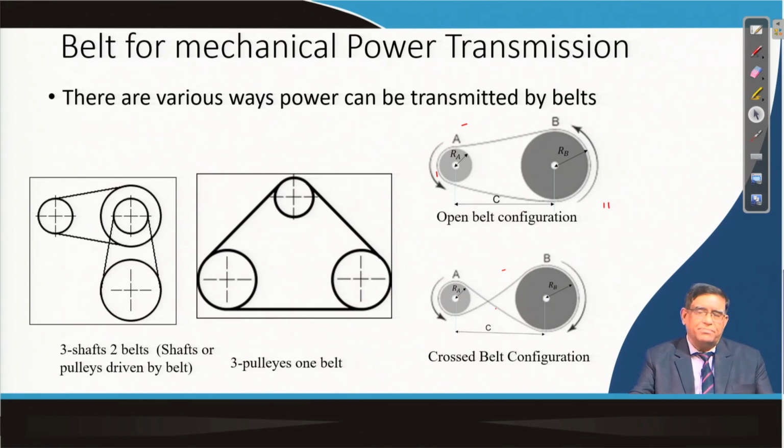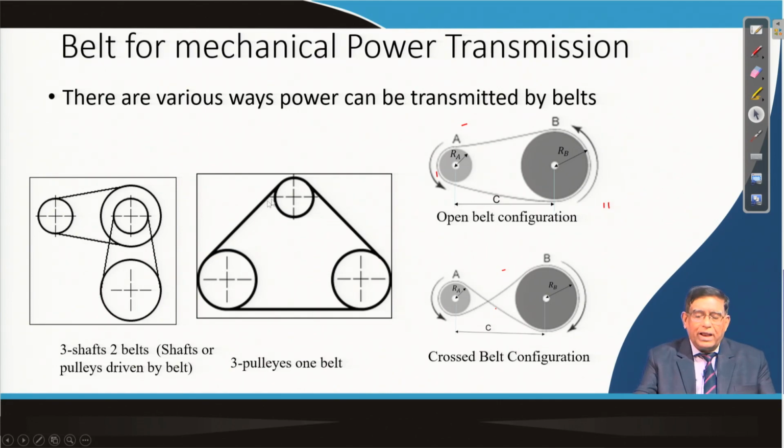You might have seen the fan belt if you have opened your car's hood, where the fan is driven from the engine by a belt drive. There could also be two belts and three shafts connected together.